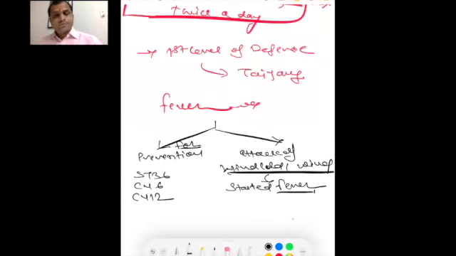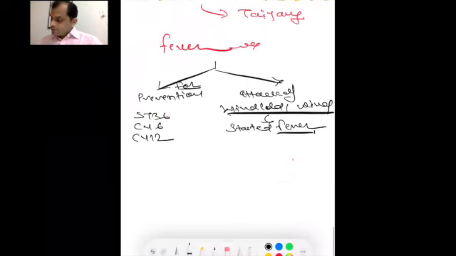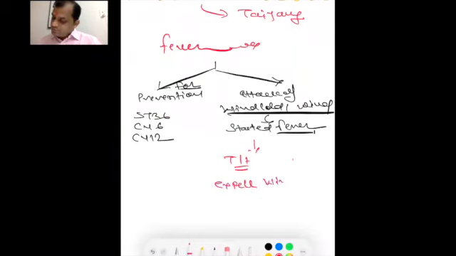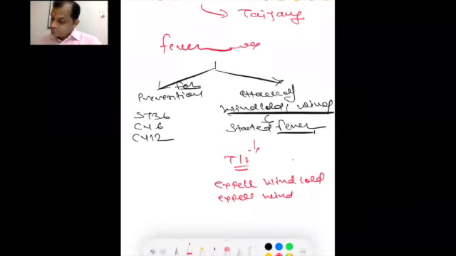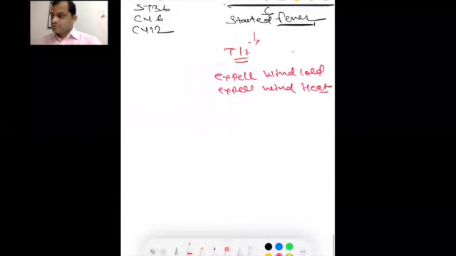Now what to do? Then our treatment will be to expel bind cold or expel bind heat. Then the question comes, how can we expel? Which point can be used? So in TCM, it is mentioned, if you want to expel, then do the treatment of 4 gates.